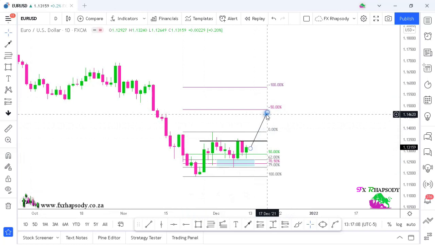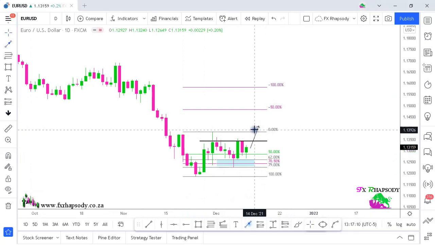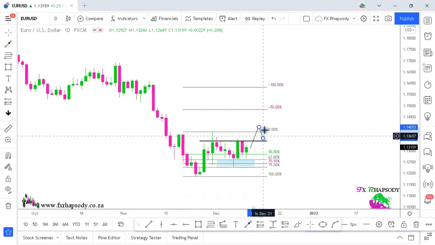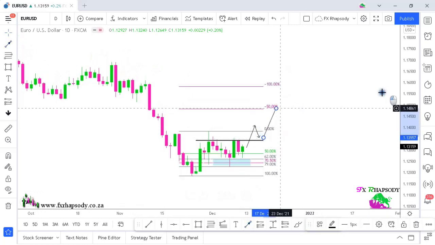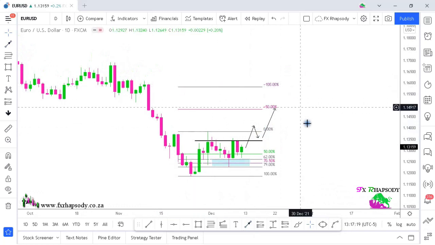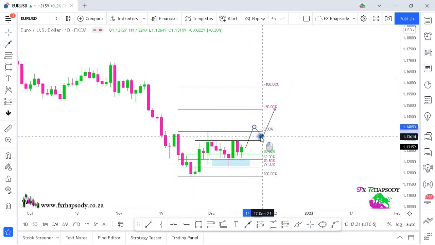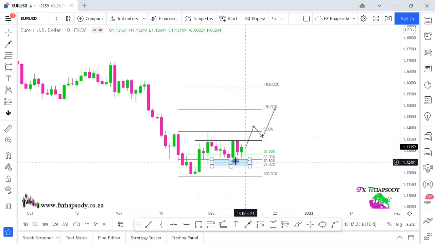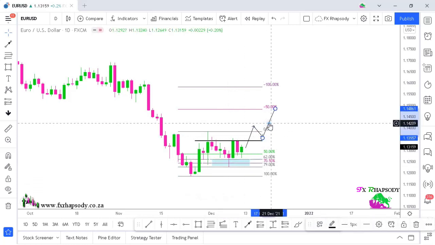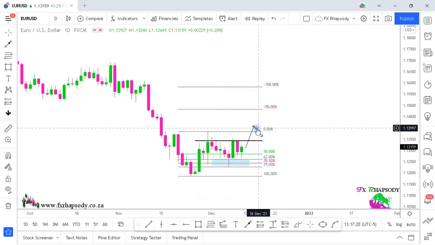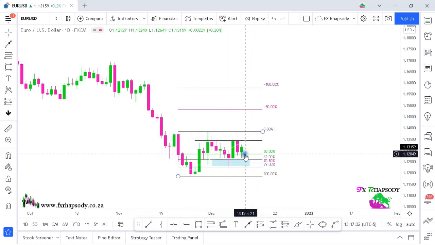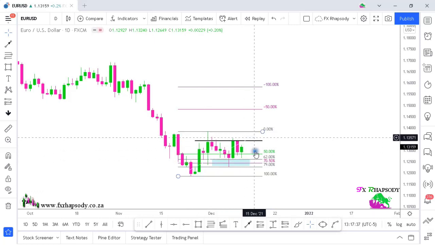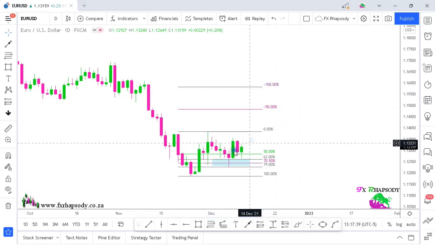I would like to see price breaking that area, coming back maybe to retest it, and then going to the upside, taking out those target areas if you are in this buy currently. So that's my first area of interest, this line, to see on the daily if price will push up, break and close above that, and then move up to the upside.